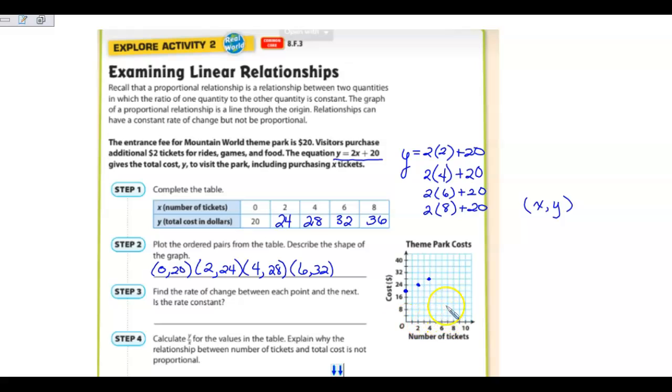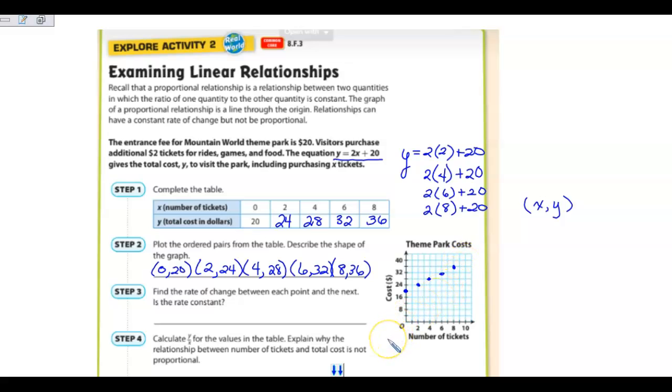Go across the 6 and up to 32. And then our last one is 8, 36. So we'll go across 8 and up to 36. And you'll see that if I were to draw a line through this, I would have a straight line. Okay?